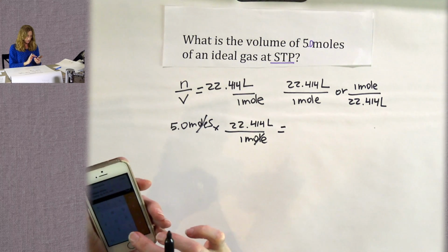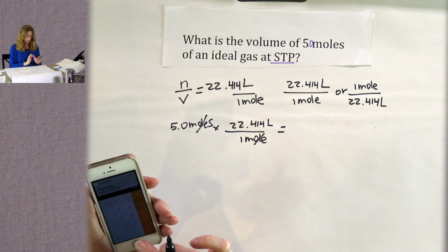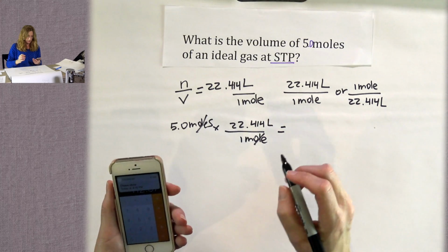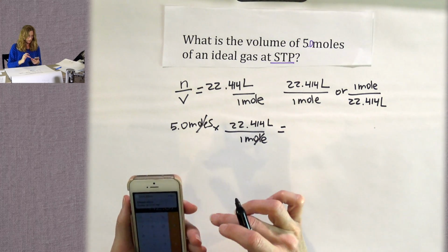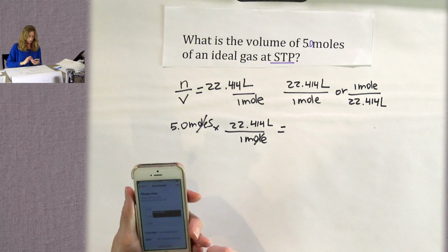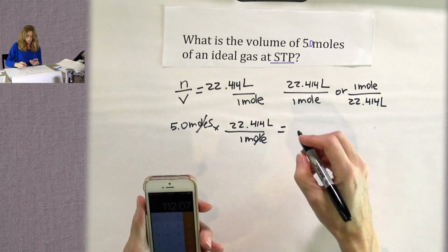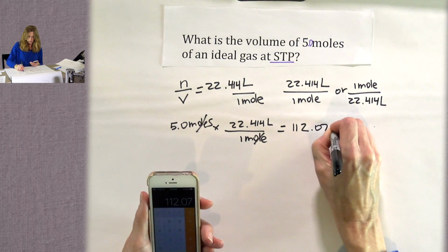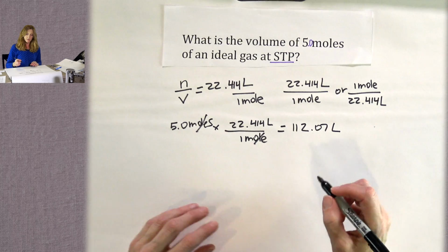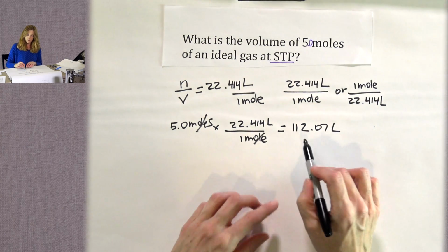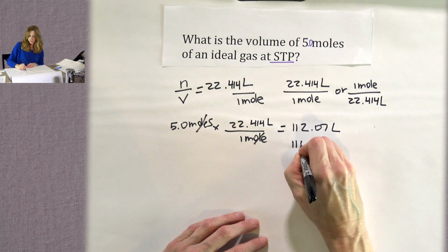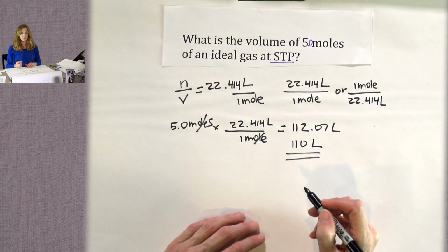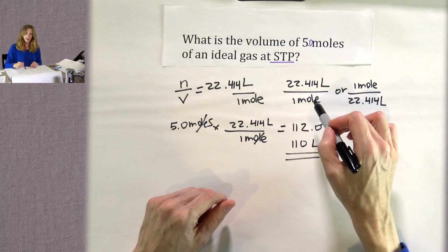So now we can do 5 times 22.414, and we get an answer of 112.07 liters. Again, we want to round our answer. We started with 2 significant figures, so we can round this answer to 2 significant figures. We've got our answer, 110 liters, using the molar volume of the gas.